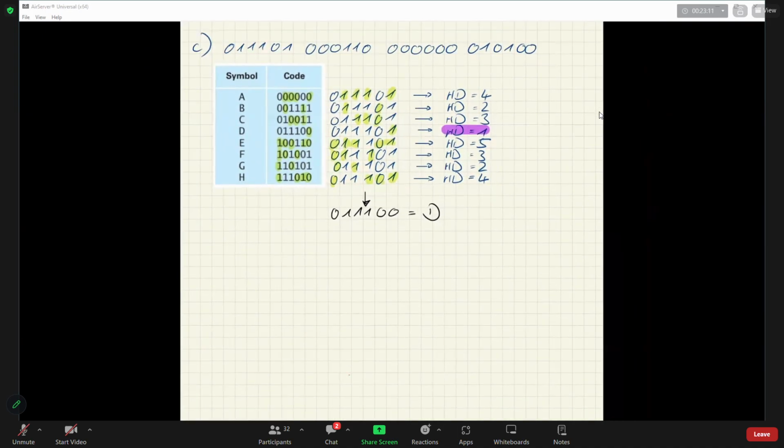So, and then you are redoing that for each pattern. And that's it.